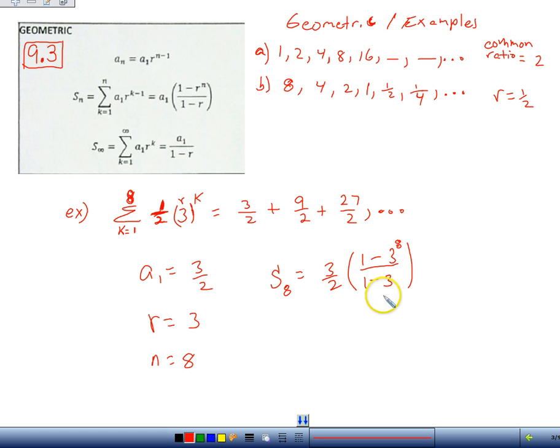Okay, so we can do this with our calculator, and let me take a moment and compute that. And I get the answer is 4,920, which is a pretty large number.